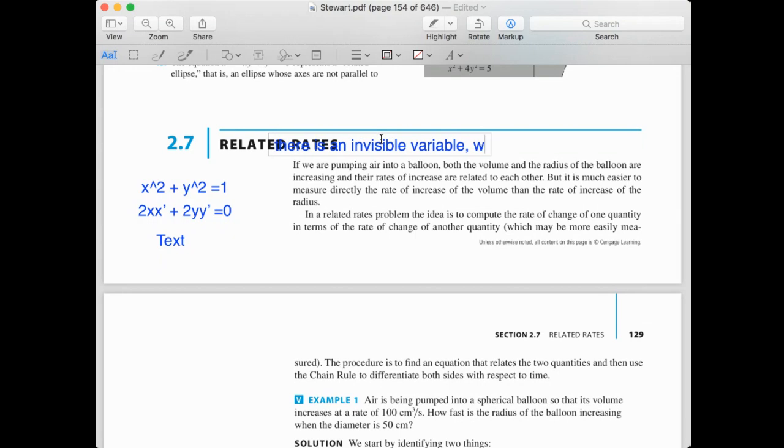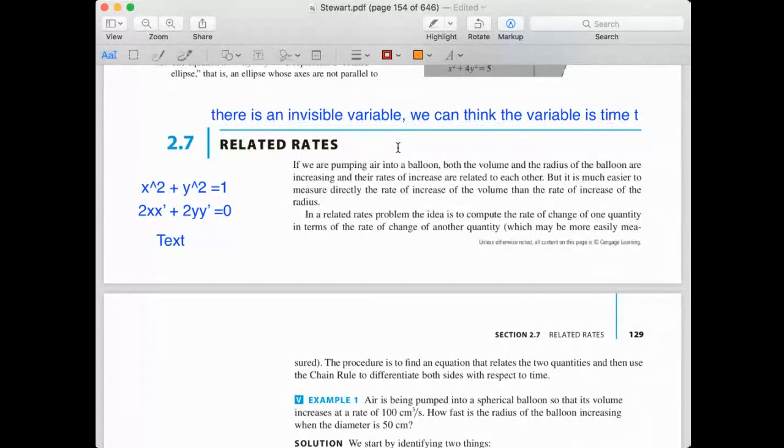We can think of it as time, t. So in this case, x prime is dx/dt, and y prime is dy/dt.